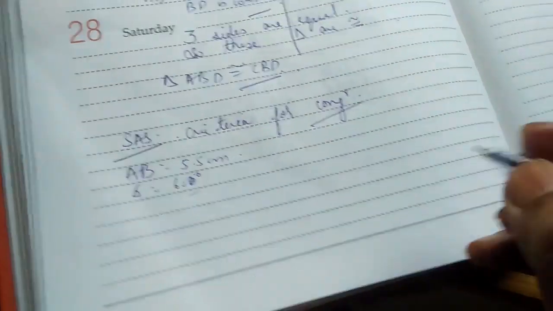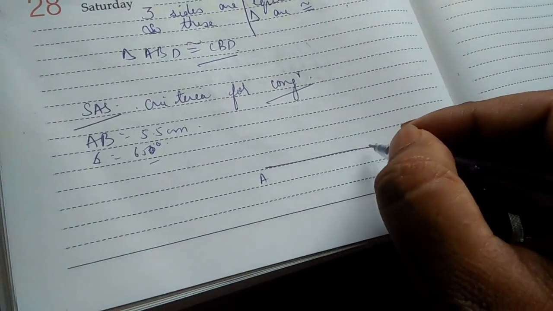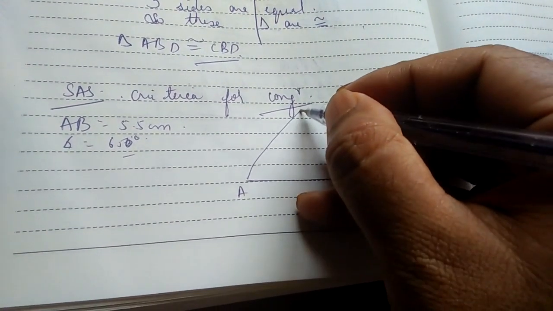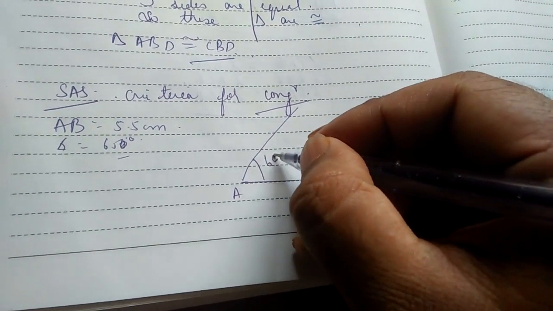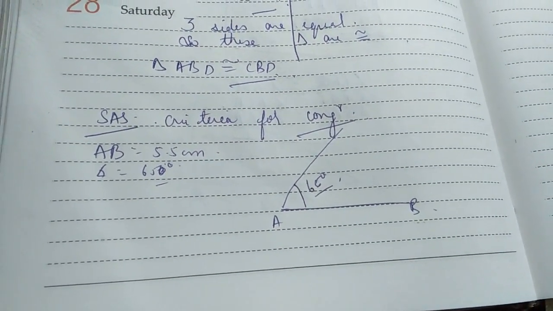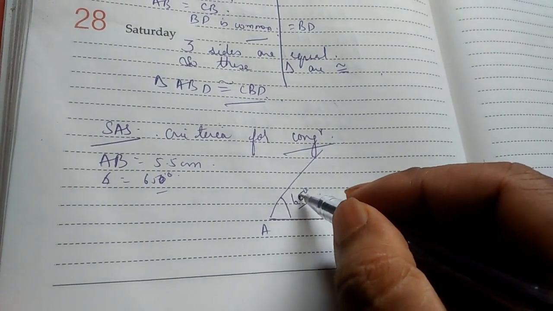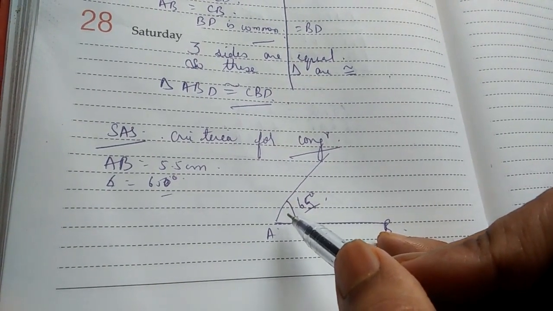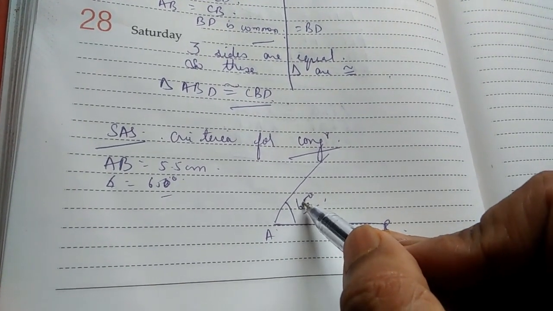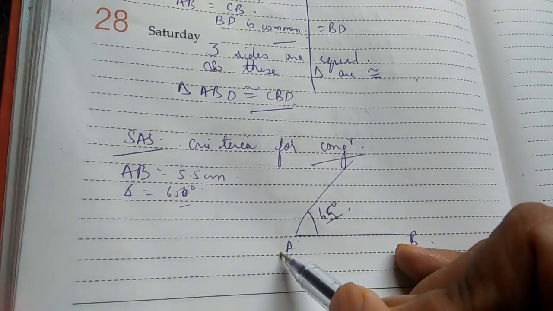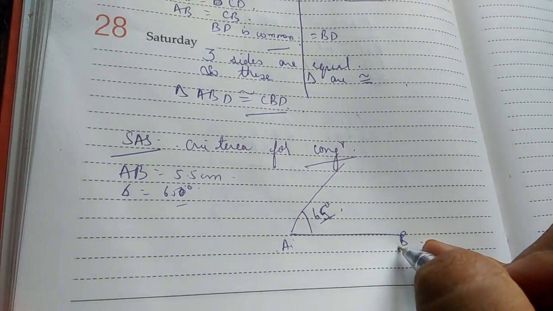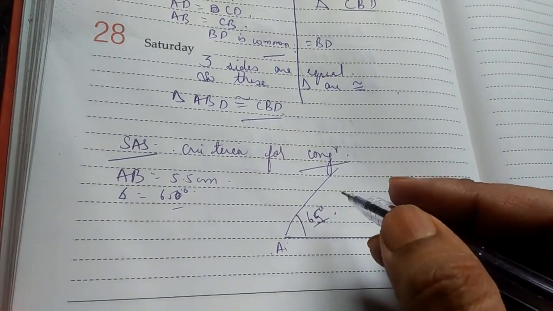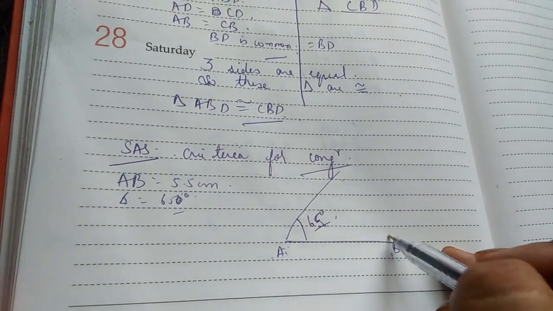The 65 degree line is possible from side A, and it is also possible from side B. So two different triangles will be formed.